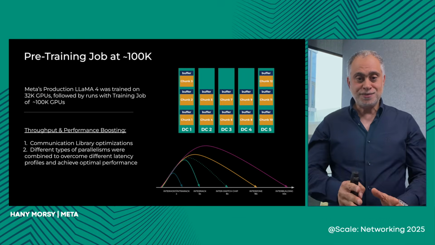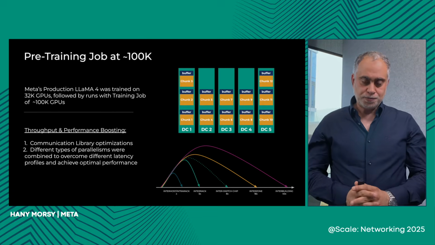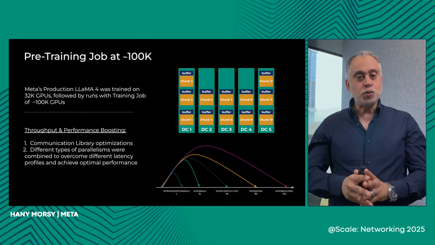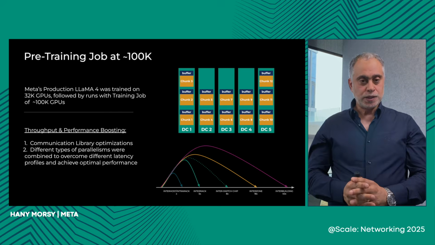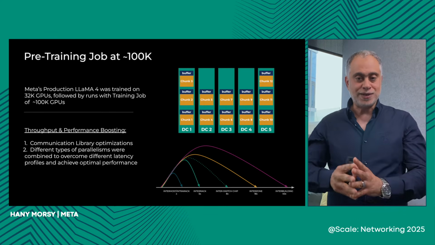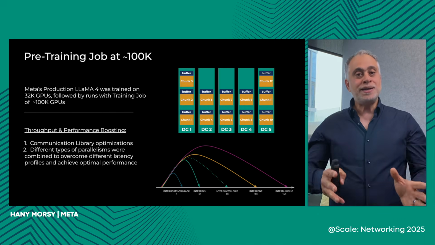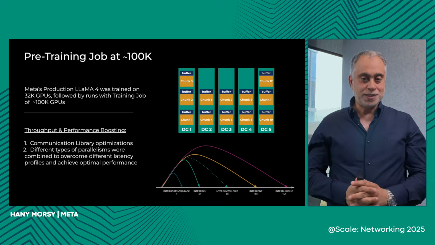In this massive and distributed workload, training throughput becomes a challenge. To improve performance, we invested in 2 things. 1, optimizing the communication library for cross-building traffic. And 2, we combined different types of parallelisms in the workload.